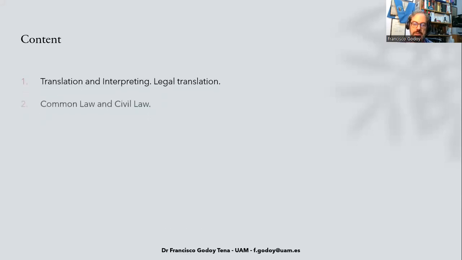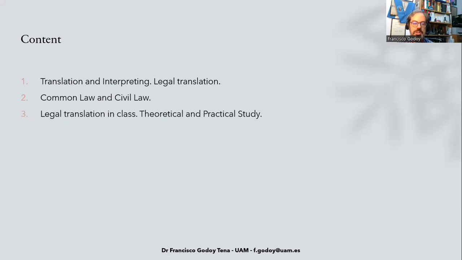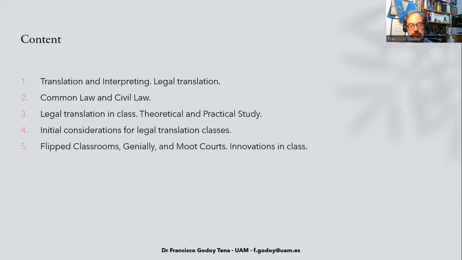To start with, I will explain briefly what the content of this presentation is. I will start with basic notions of translation and interpreting of legal translation, then the distinction between common law and civil law, legal translation in class, theoretical and practical studies, initial considerations for legal translation classes, and then I'll move on to the innovation in classes such as flipped classrooms, Genially, and Moot courses.